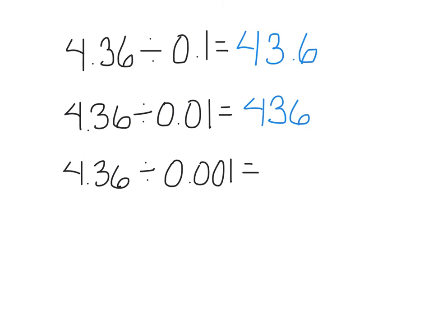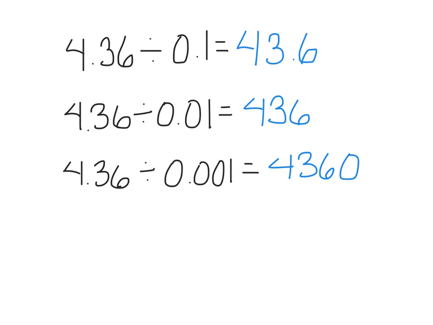So if I go like this and put 4, 3, 6, 0, I'm going to move my decimal over 3 places. So it started here. 1, 2, 3. It's going to be right after the 0. And I don't need to write it because it's at the end of the number.